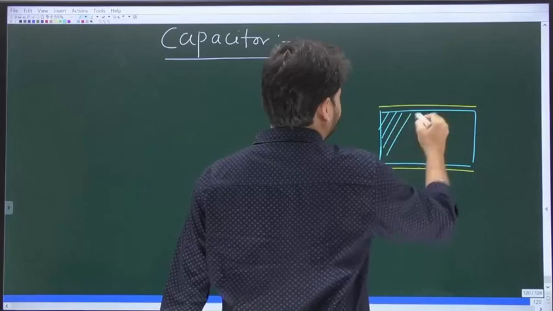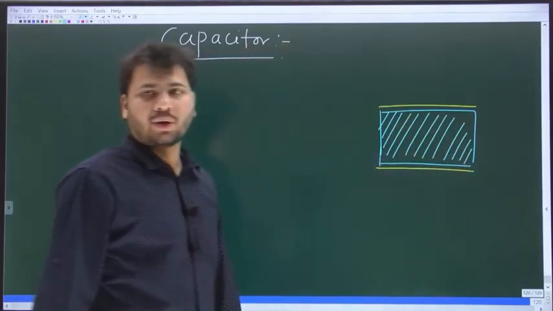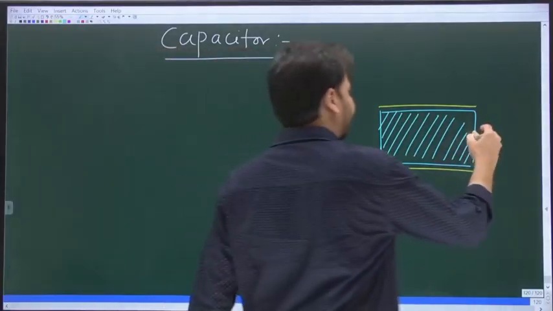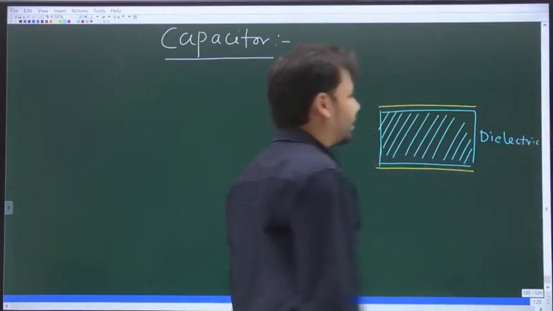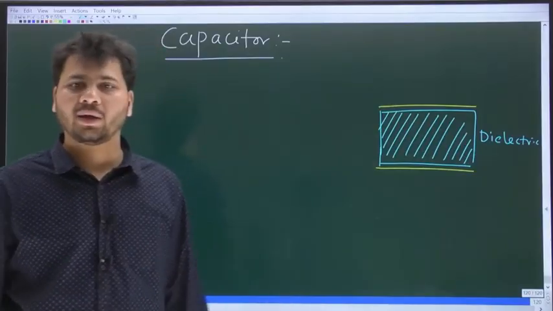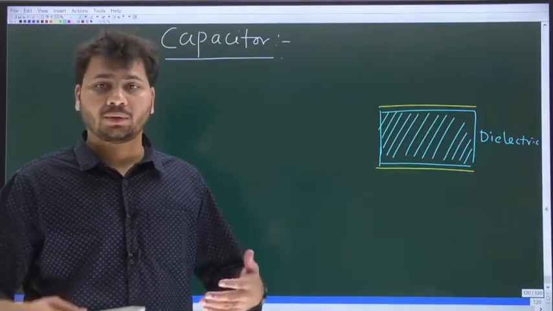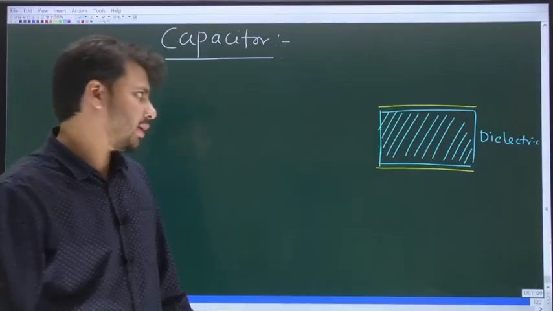This blue color material between the two yellow plates is the dielectric. What is a dielectric? Any insulating material. Through any dielectric, ideally no current will flow. Electrons cannot flow from one side to the other side.